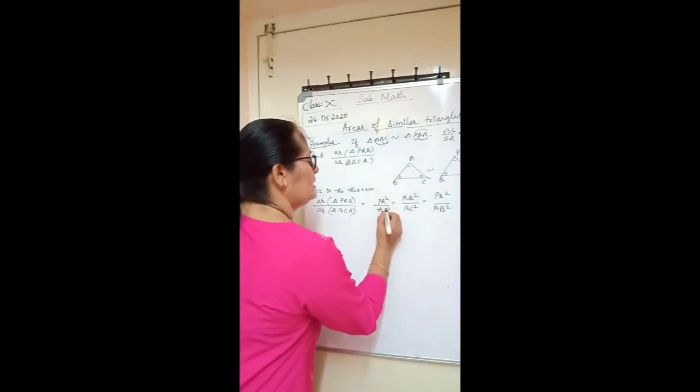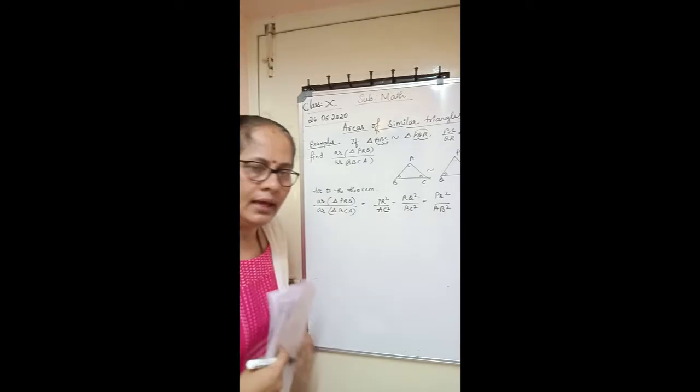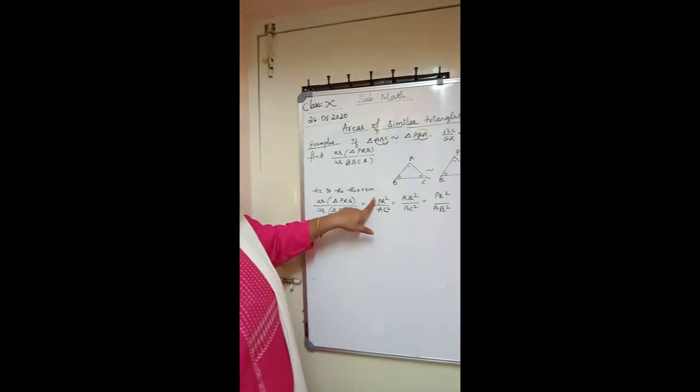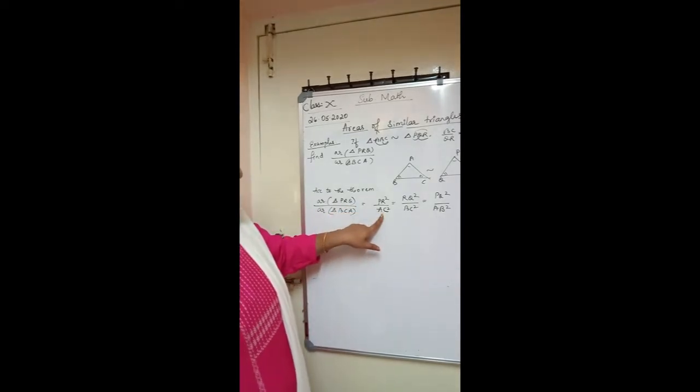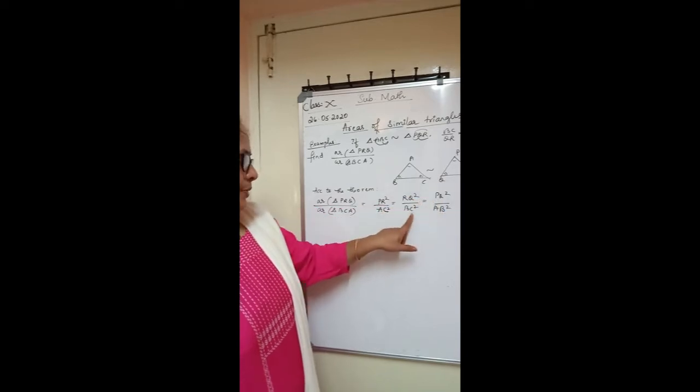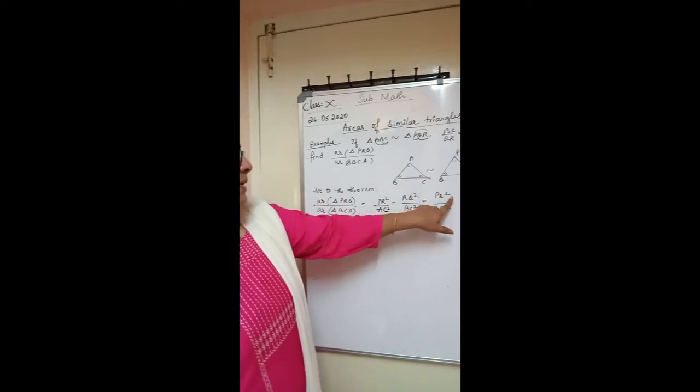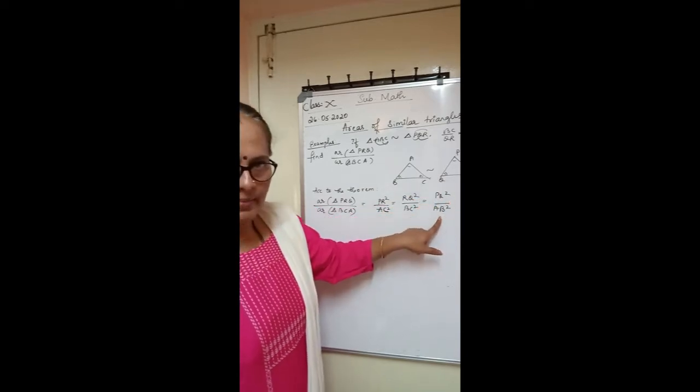Yes, so this is AC square. Okay, now PR square is proportional to AC square, then RQ square is proportional to BC square, and PQ square is proportional to AB square.